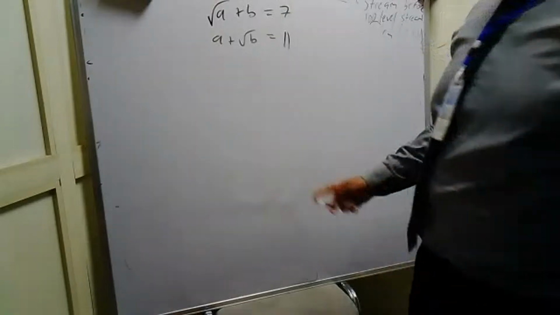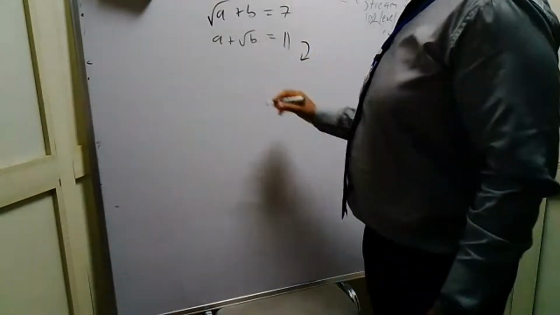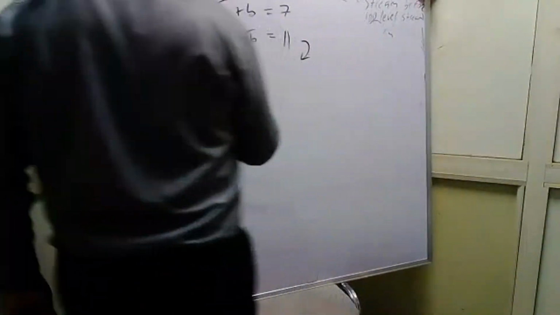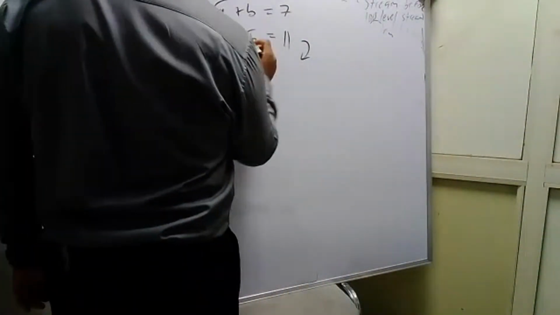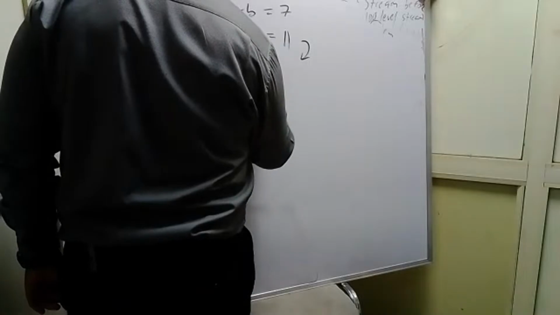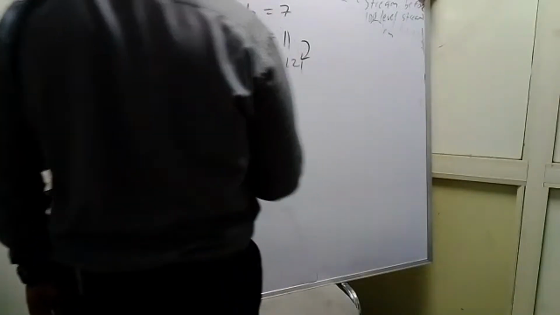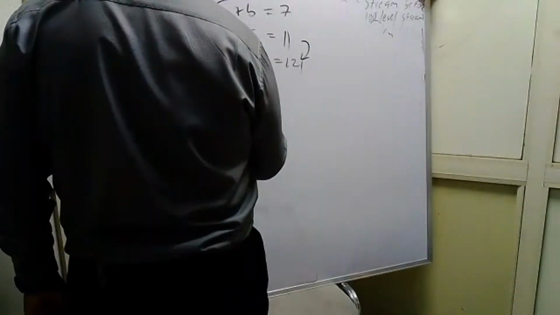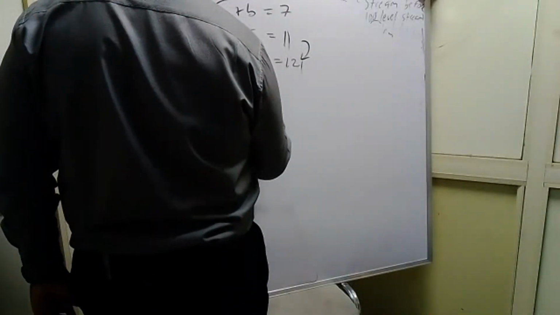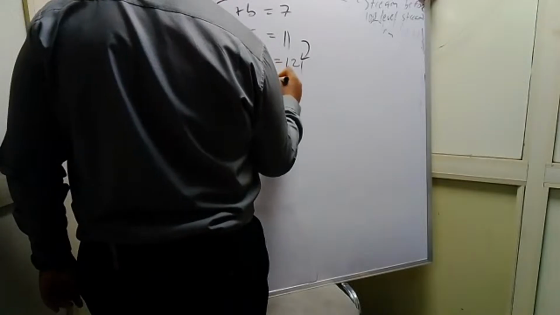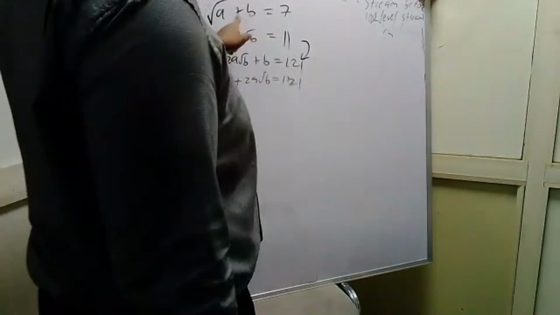Okay, let's do something. If we square the second equation, we would have a squared plus 2a root b plus b is equal to 121. So that is a squared plus b plus 2a root b is equal to 121.